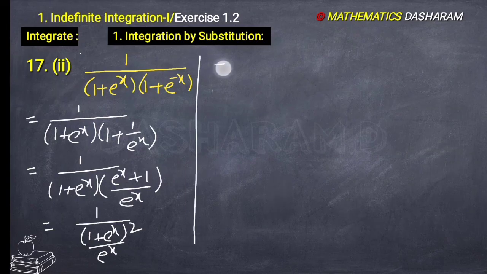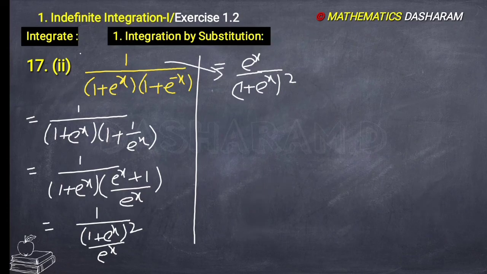This e power x will go to the numerator place, so it is e power x divided by 1 plus e power x whole square. So finally the given question is converted into e power x by 1 plus e power x whole square.